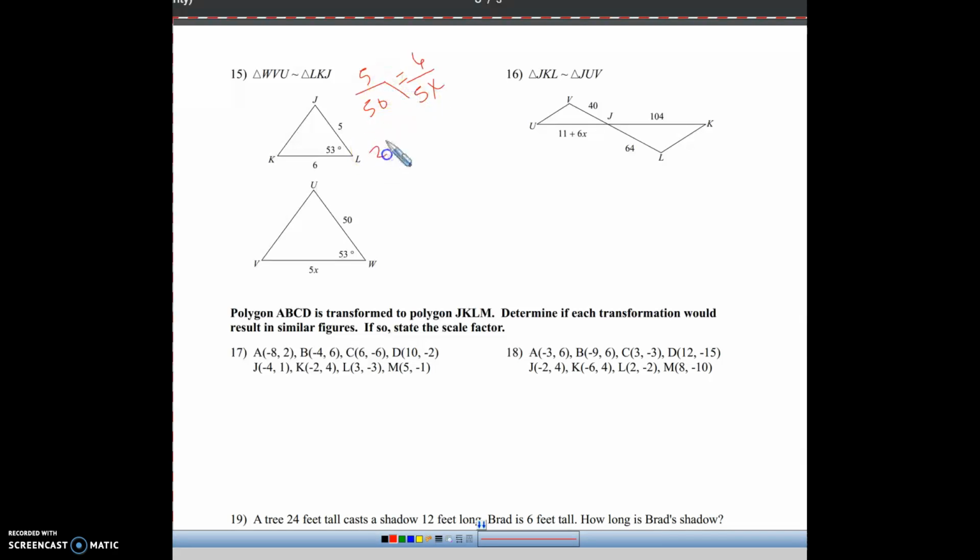So cross multiplying, we're going to get 25x equals 300. Divide by 25. And 300 divided by 25 is 12. X equals 12.